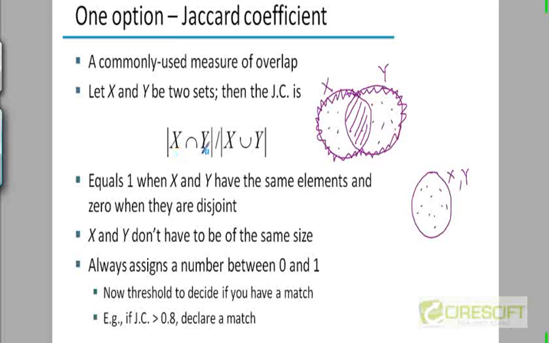So X intersection Y would be nothing but X or Y because they are the same set, and likewise X union Y would also be X. So the Jaccard coefficient here would be 1.